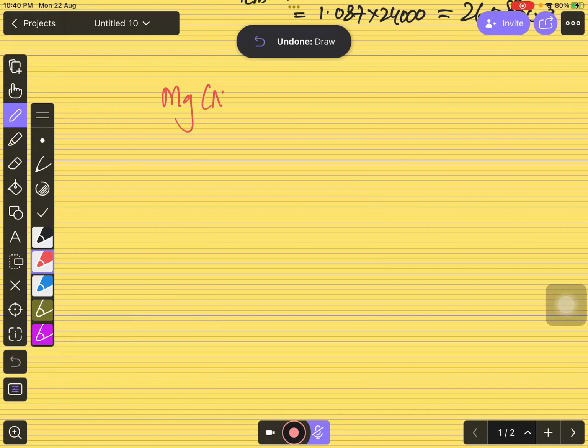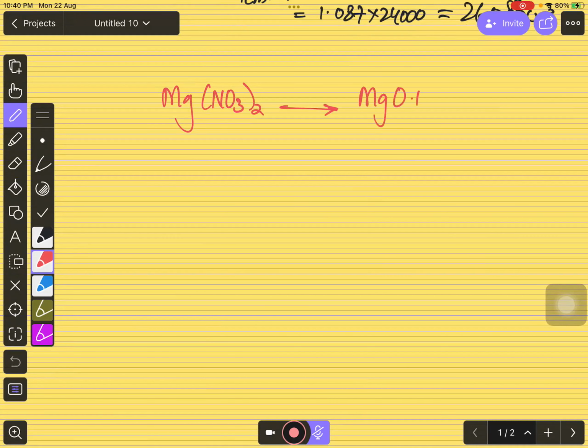So for example, बच्चों, we have magnesium nitrate, right? We are decomposing this and we are having magnesium oxide to form nitrogen dioxide and oxygen gas, right? This is actually solid, decomposes into solid, into gaseous state and into gaseous state.